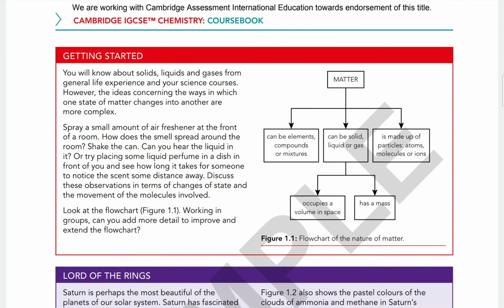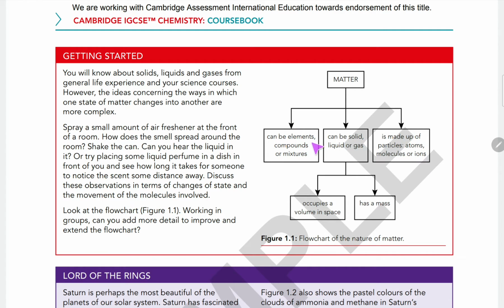So before going into detail about this chapter, we know that matter can be elements, compounds or mixtures, and matter can be solid, liquid or gas, and it is made up of particles: atoms, molecules or ions.